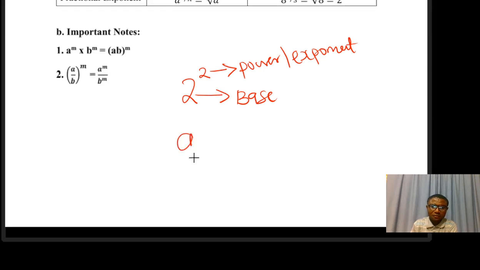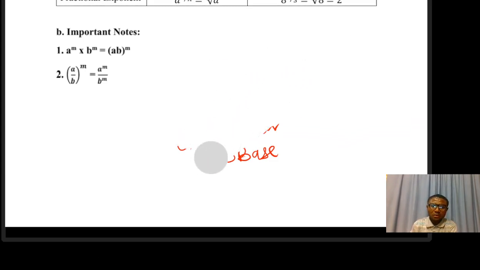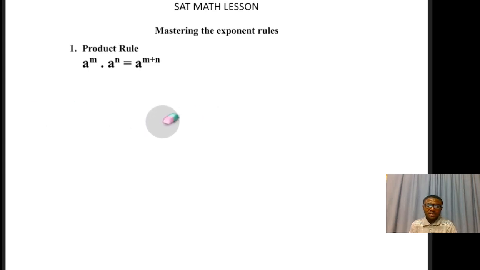Now when you have a to the power of m, m is the power and a is the base. So we'll now look at the rules one after the other and explain more on it.